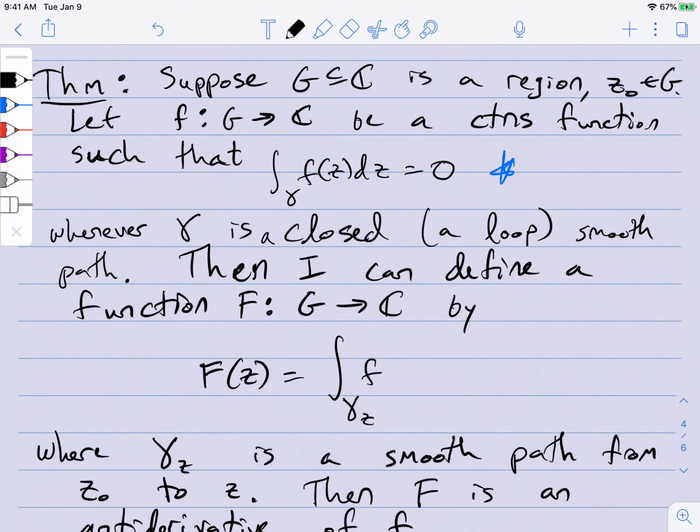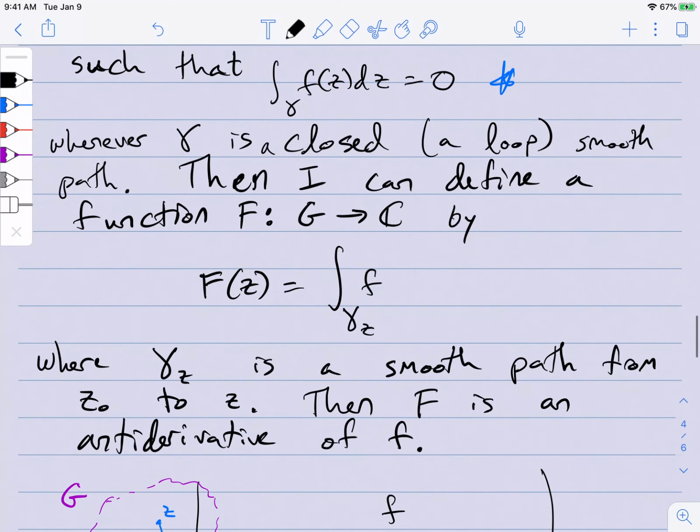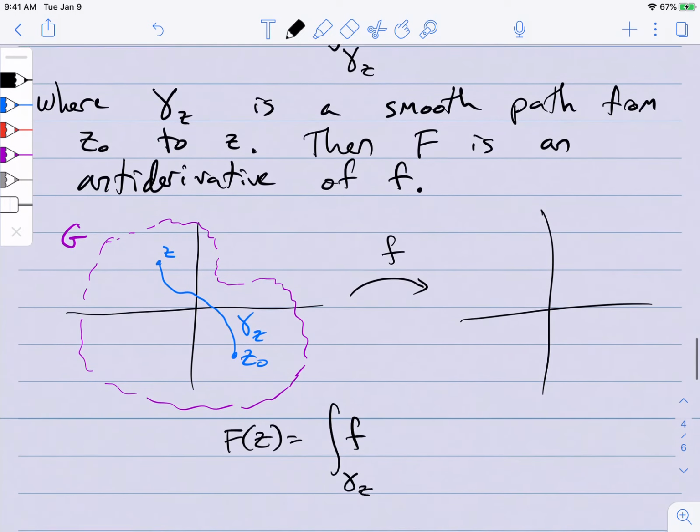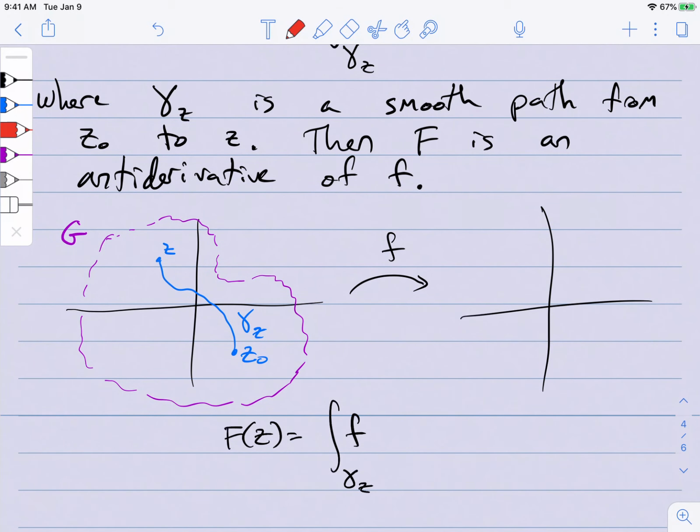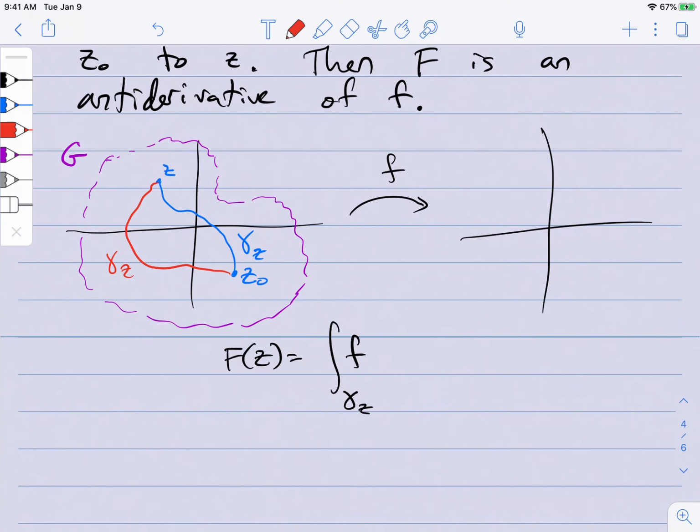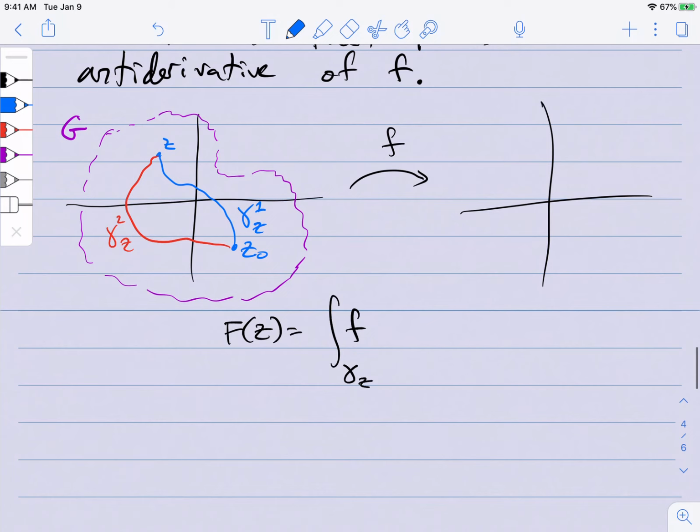And that condition is actually equivalent to saying that any two different paths from z0 to z are going to give me the same path integral. So maybe I'll call this one gamma z2, call this one gamma z1.